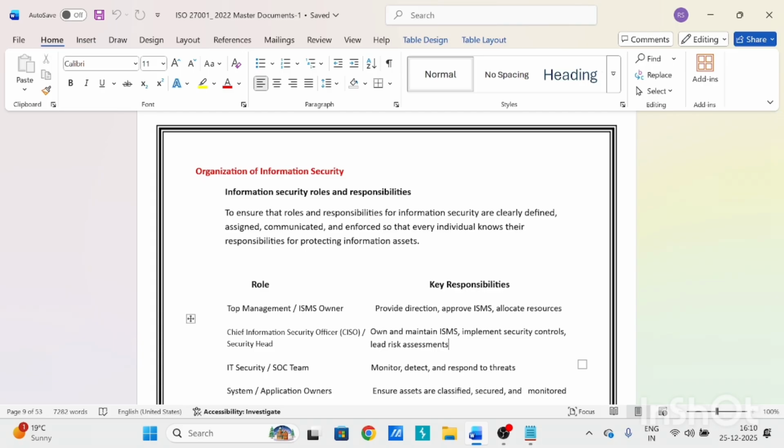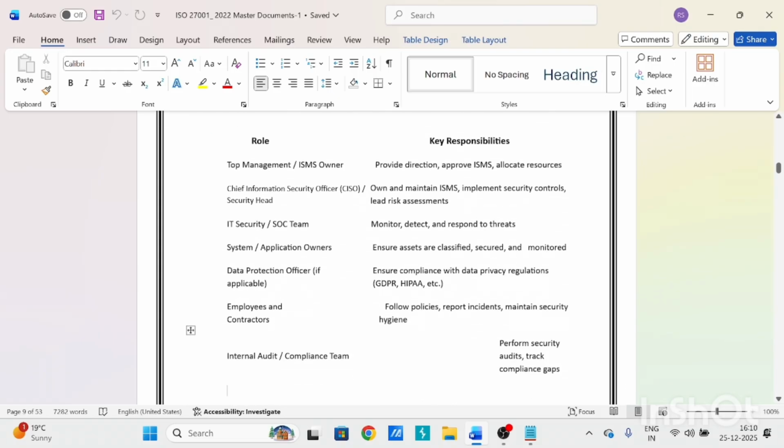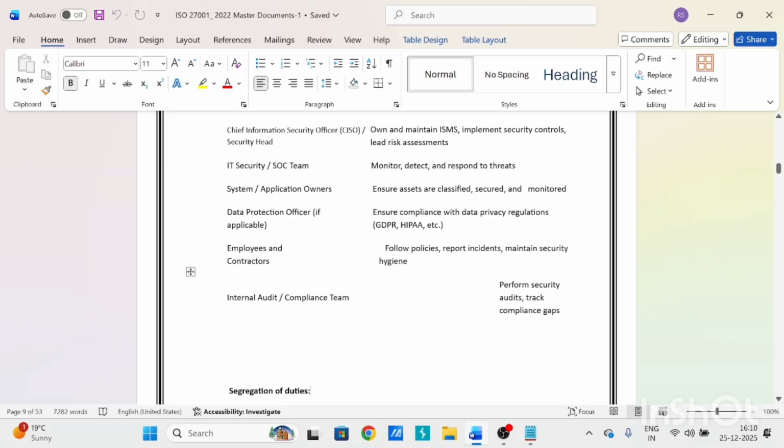If you have an IT security role or SOC team, their responsibility is to monitor, detect and respond to threats. System and application owners ensure assets are classified, secured, and monitored. If we have a DPO in our organization, then we need to ensure compliance with data privacy regulations like GDPR, HIPAA, etc. Employees and contractors follow policies, report incidents, and maintain security hygiene.